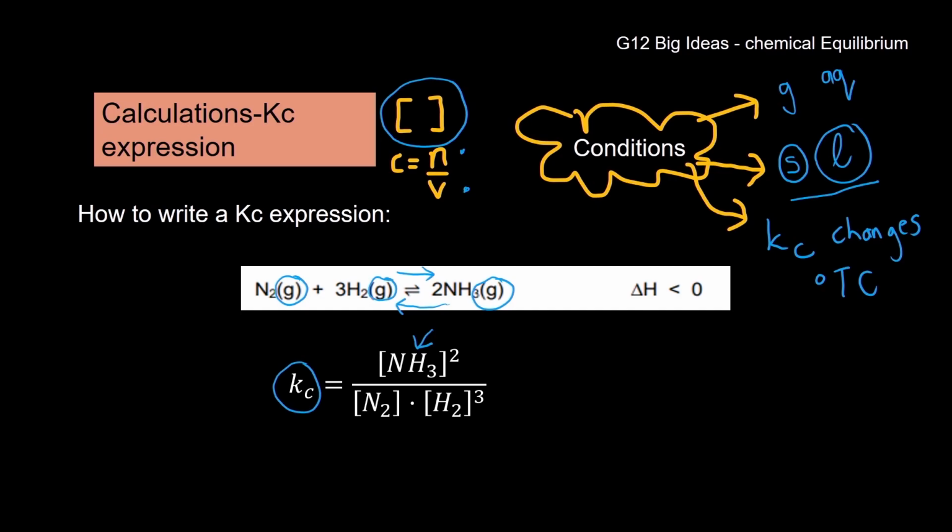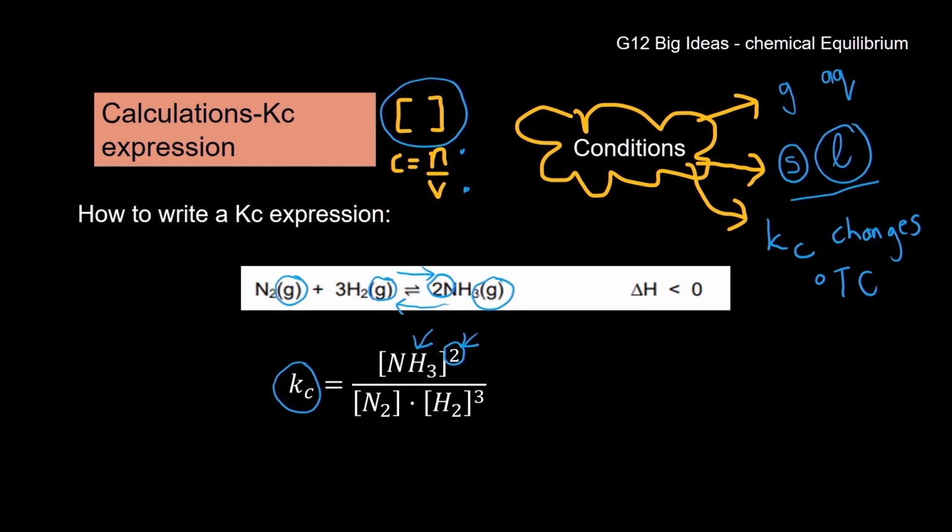Now you will see there is an exponent 2 over there, and that correlates with the coefficient of the ammonia gas. So before we can write the Kc, this reaction has to be balanced so that we can maintain the conservation of atoms. So it's a balanced reaction equation, and the 2, that is the coefficient of ammonia, is then placed as an exponent. So we square the concentration of ammonia gas.